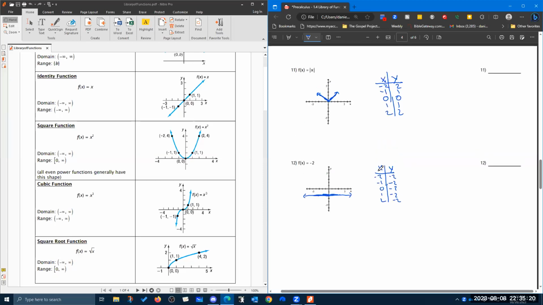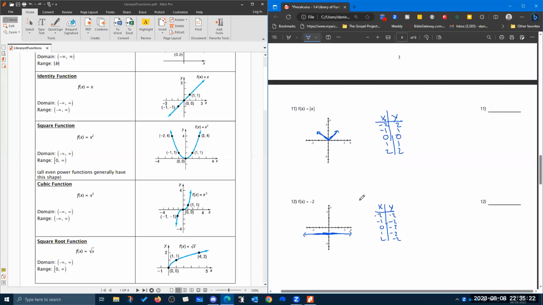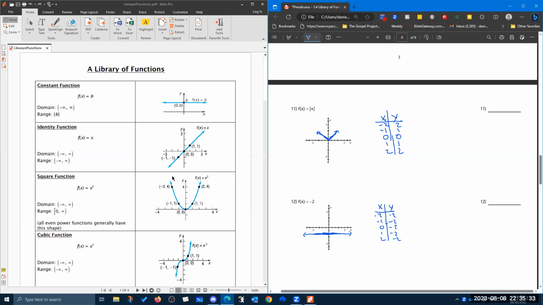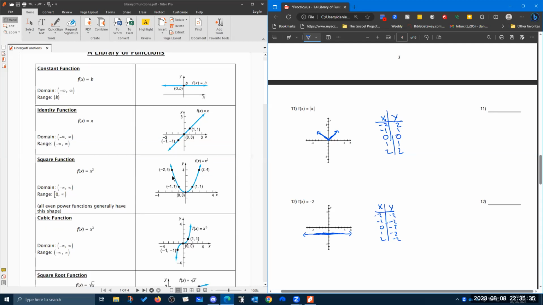All right, so that's all of them that we have for practice in this section. Go ahead and make sure you memorize all of your family, your library of functions here.